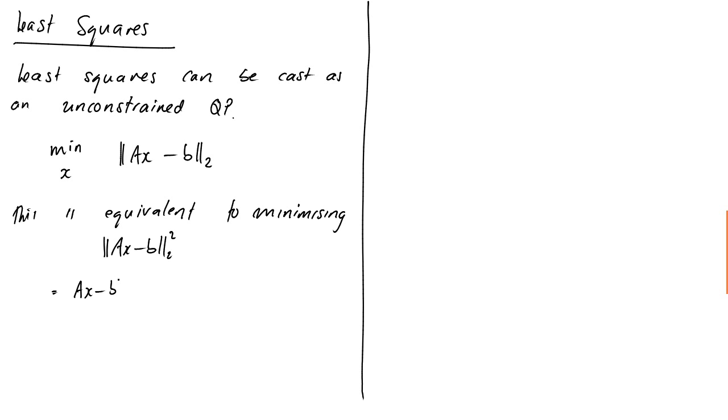Now that just equals (Ax minus b) transpose, assuming we're working in a real space, times (Ax minus b), which equals a half of 2 x transpose A transpose A x minus, let's just click all these terms together, a couple of b transpose A x terms. And the constant term will just be b transpose b.